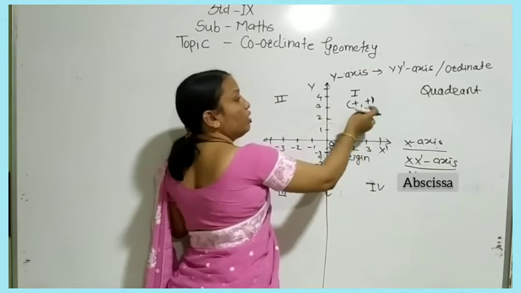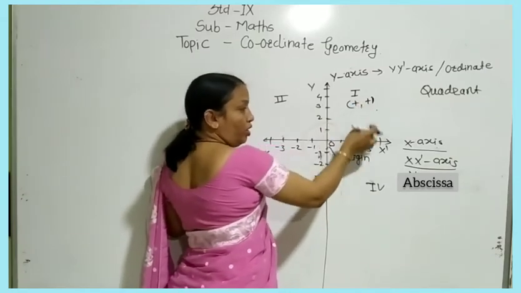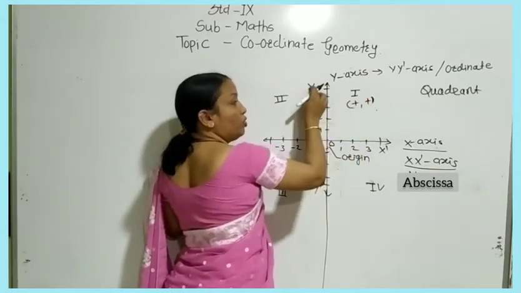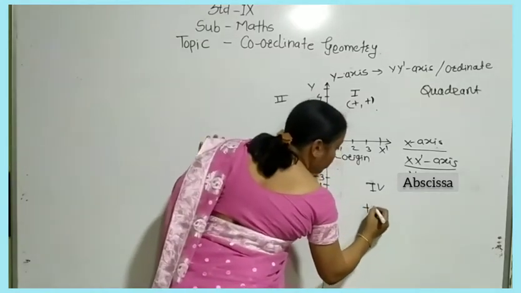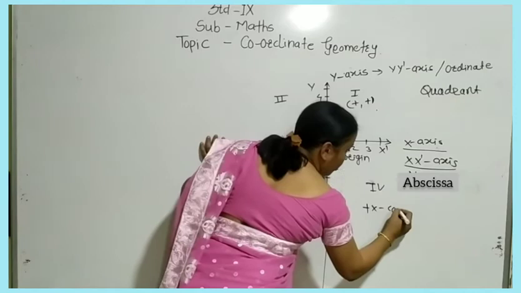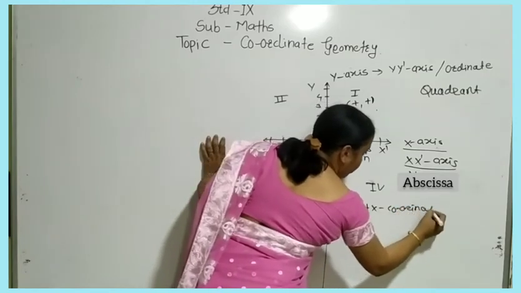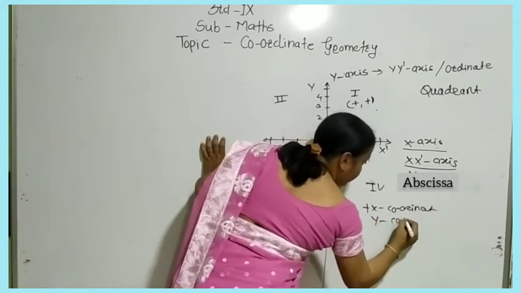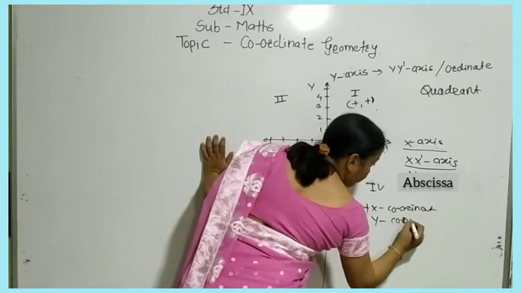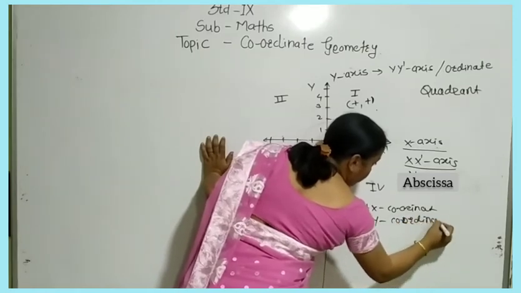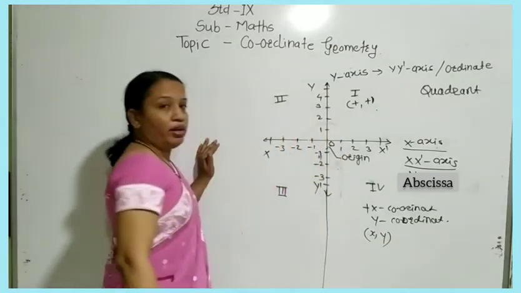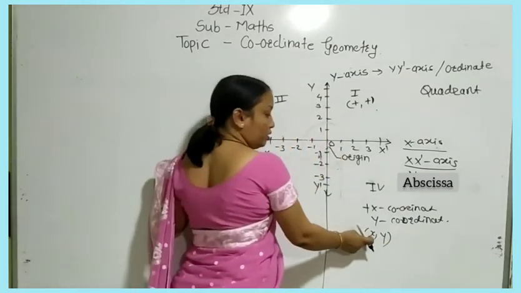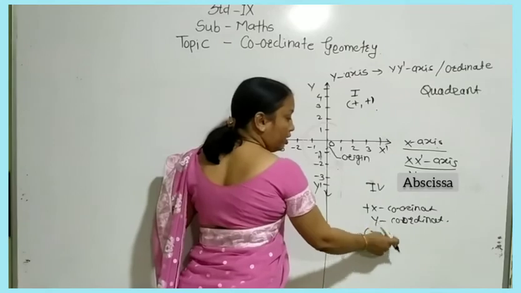That point has a positive x coordinate and a positive y coordinate, always written as an ordered pair (x, y). You have to write the x coordinate first and then the y coordinate.